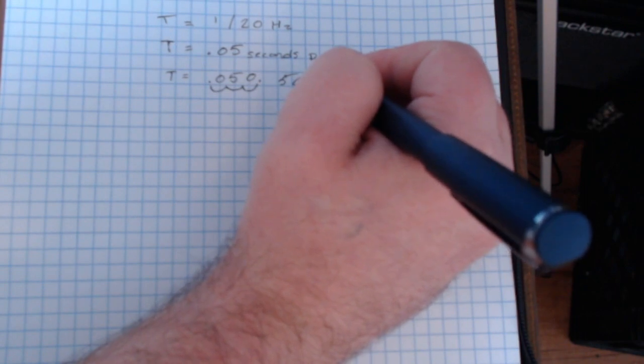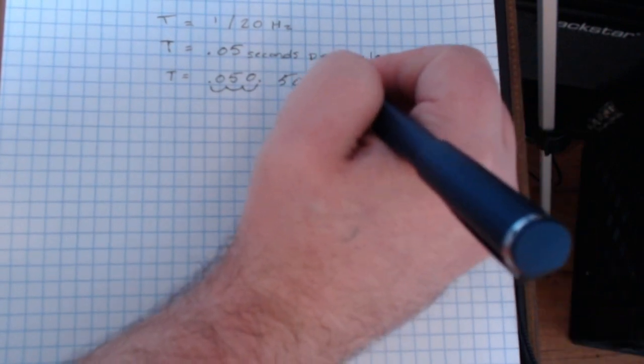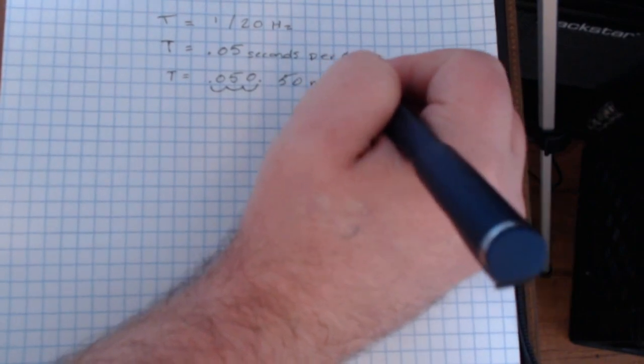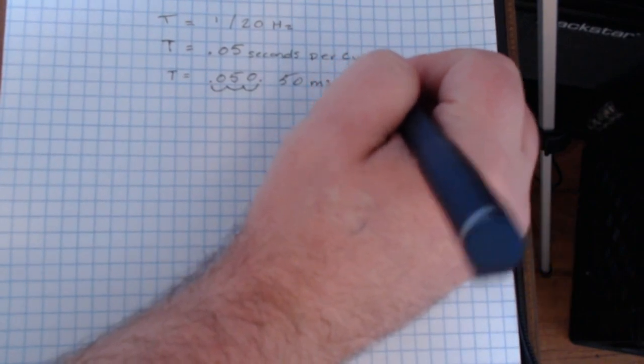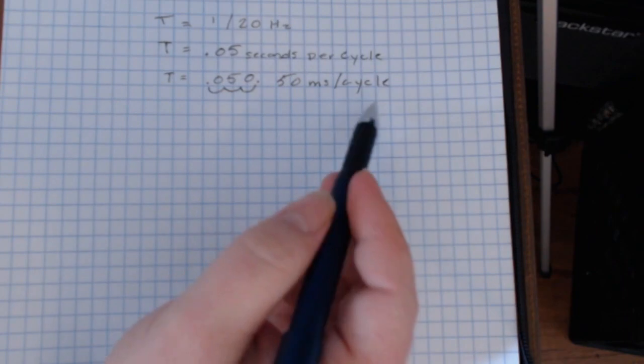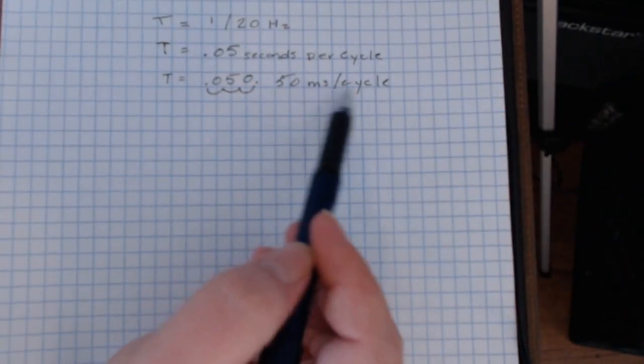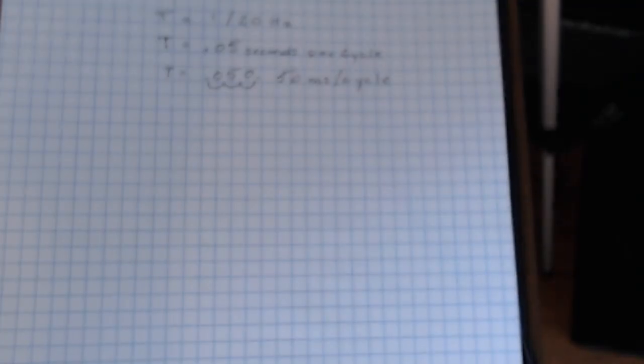And one way of saying per in mathematical notation is by doing that little slash there. So 50 milliseconds per cycle. Both of these are correct. This is just perhaps a slightly easier way to say the same thing.